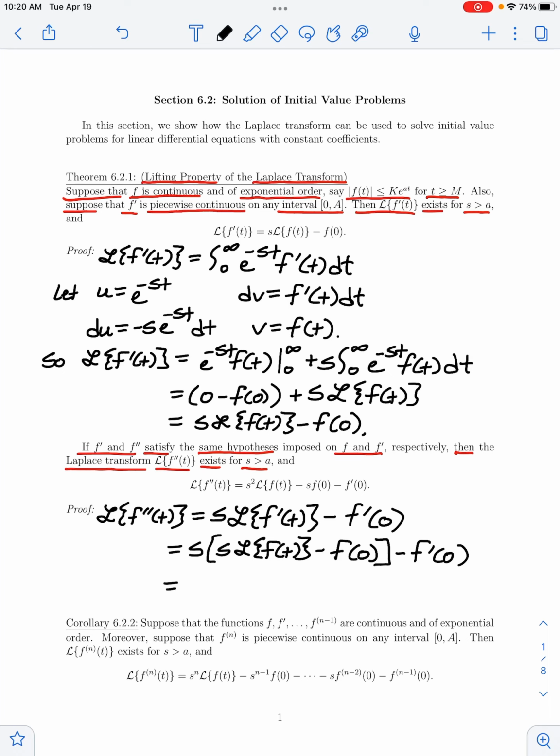So distributing the s, I have s squared times the Laplace transform of f minus s times f of 0 minus f prime of 0, which is what we wanted to prove.